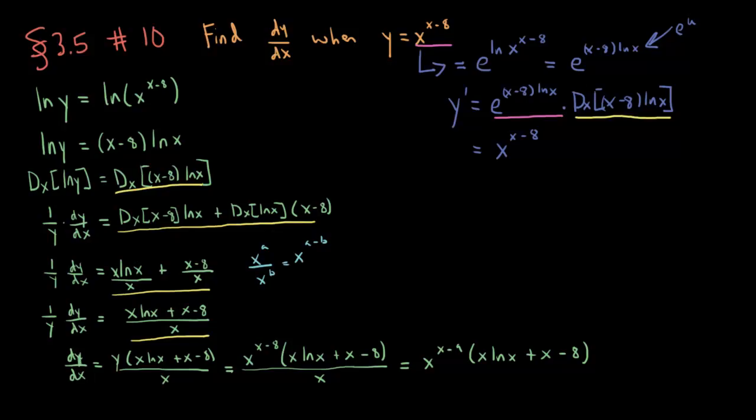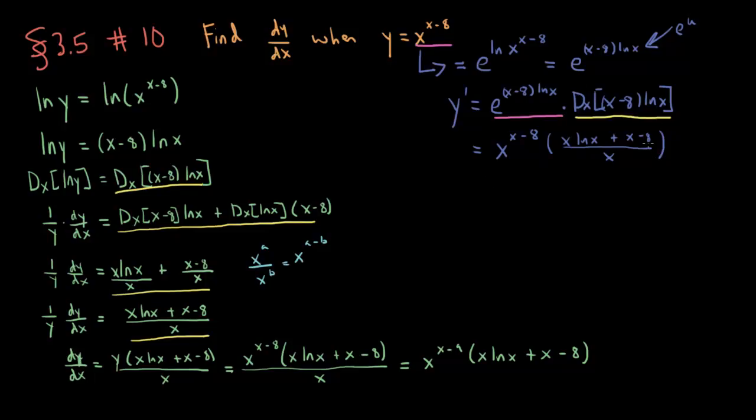So I could replace it with this right here, which we found was x natural log of x plus x minus 8 all over x. And what do you see here?